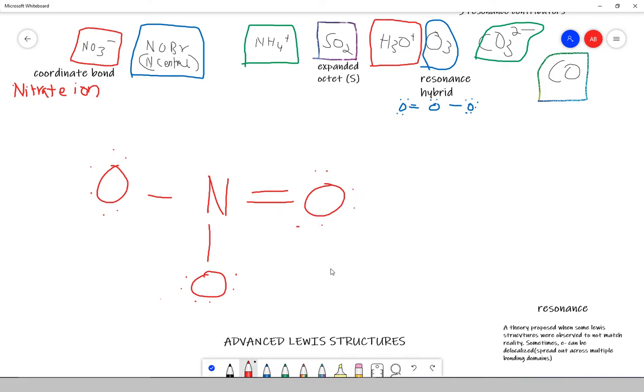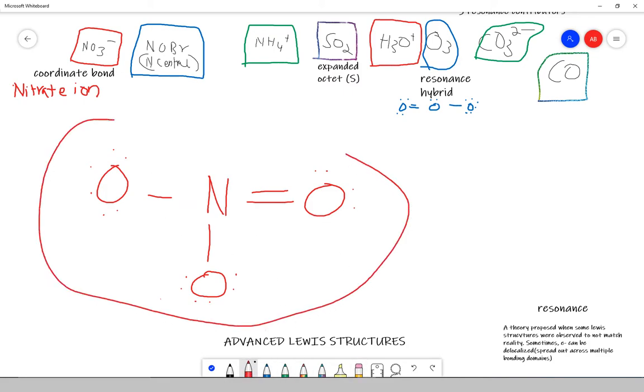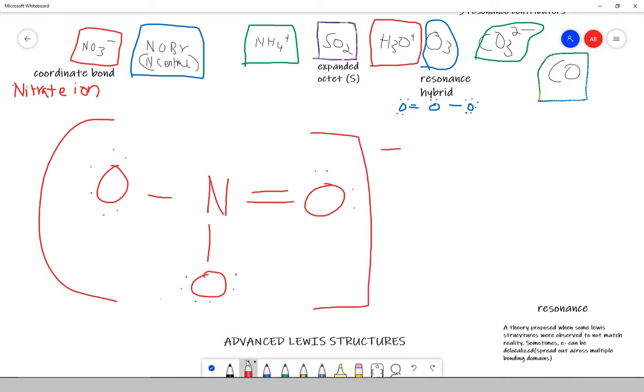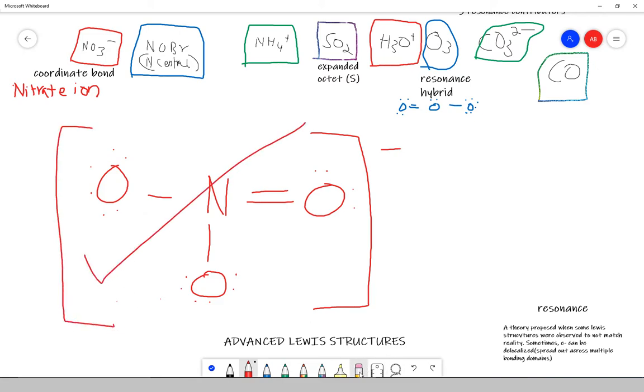So this should be the right Lewis structure, with some brackets and a negative charge on top, like that. And this should be the correct Lewis structure for the nitrate ion.